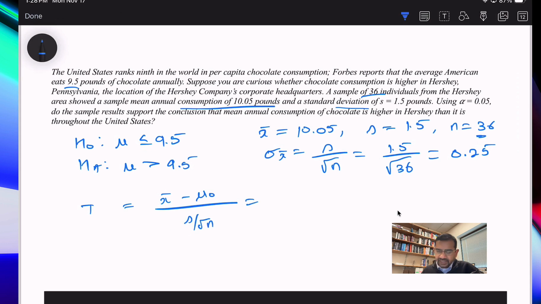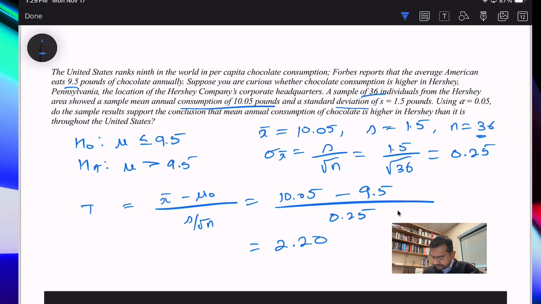We can plug in these values. Our sample mean is 10.05, our population mean is 9.5, and our standard error is 0.25. Once we complete this calculation, we will get our T-stat equals 2.20.